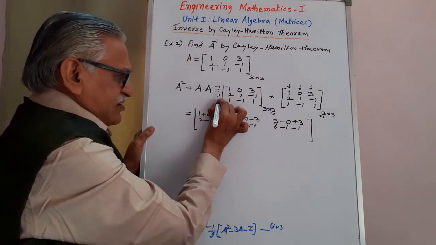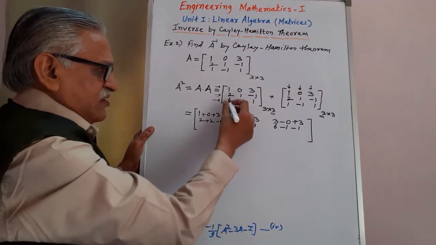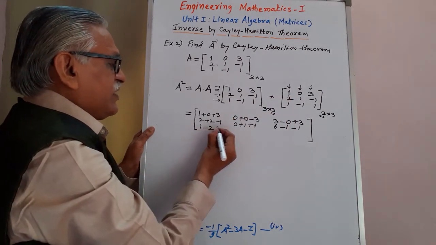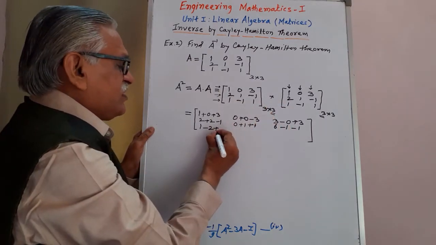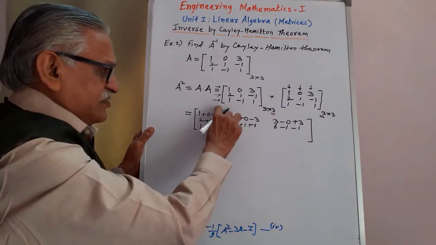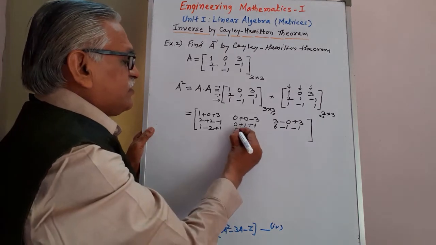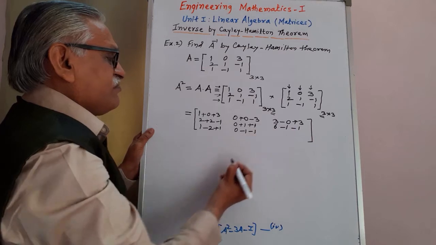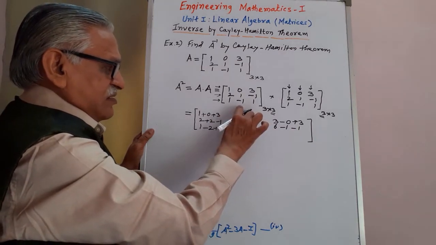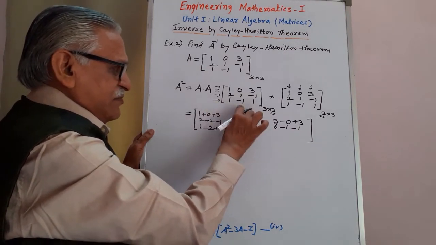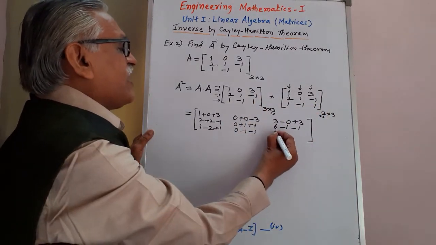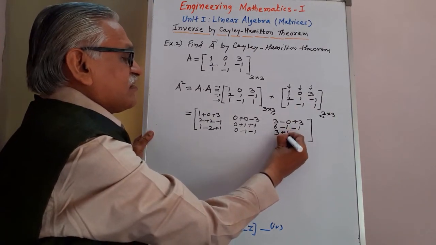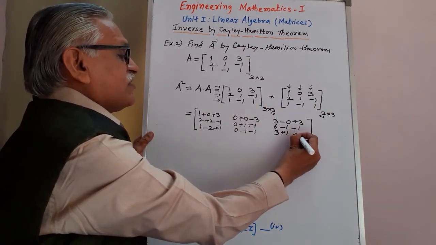Then the third row to all the columns: 1 into 1, 1, minus 1 into 2, minus 2, and 1 into 1, we get 1. The same row to the second column, the elements are 0, minus 1, and minus 1. The same row to the third column, this time we have 3 plus 1 and 1 into 1, 1.